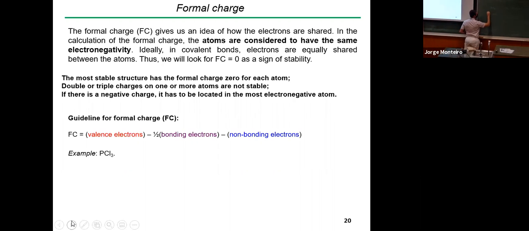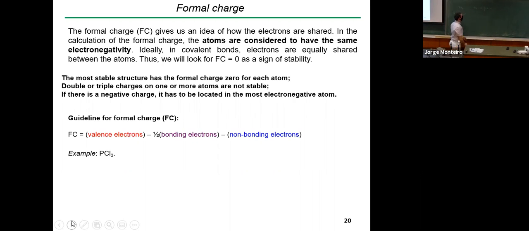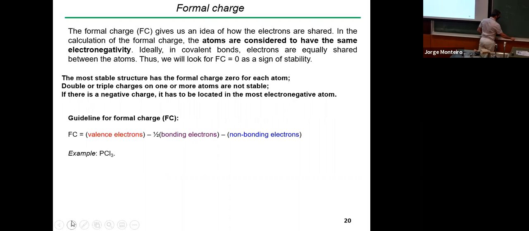Right here at the top, we have 2. Five minus 3 is 2, minus 2 is 0. And we are going to represent the formal charge in between parentheses right here.